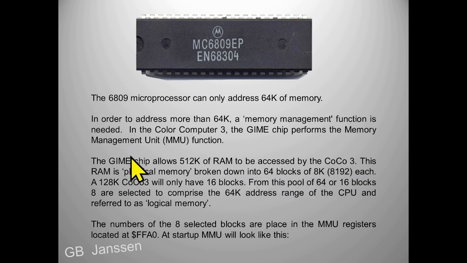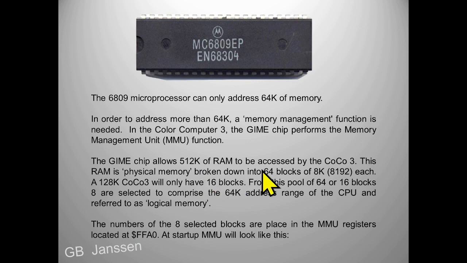The 128K Color Computer 3 only has 16 of those physical blocks. And from that pool of the 64 or 16, depending what size machine you have, you need to select 8 of them to comprise the 64K address range that the CPU can handle. Right, the 8 blocks you select are going to be placed in MMU registers starting at location FFA0.